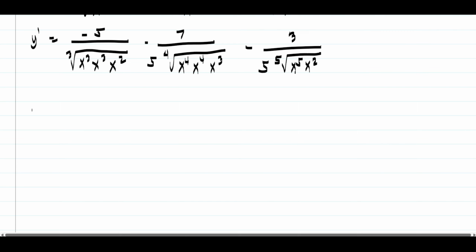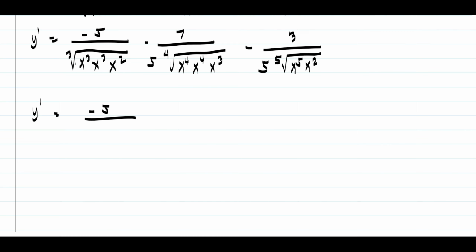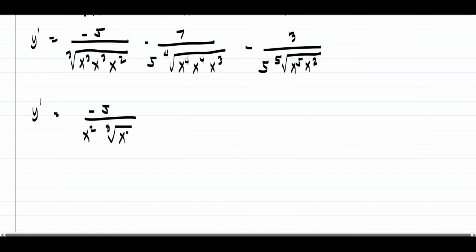So to simplify this one, we have y prime equals negative 5. And since we have 2 x cubed, which is perfect cube, inside the radical sign, it will give us x squared cube root of x squared minus 7 over 5. Since we have 2 x raised to 4, that is x squared.